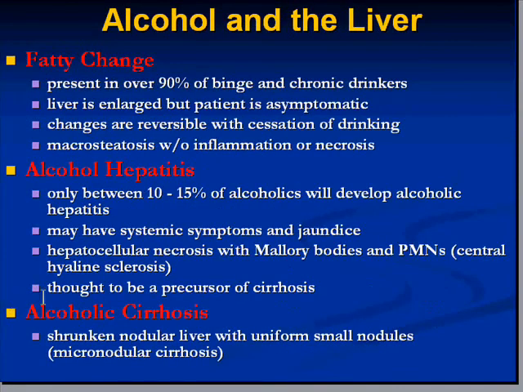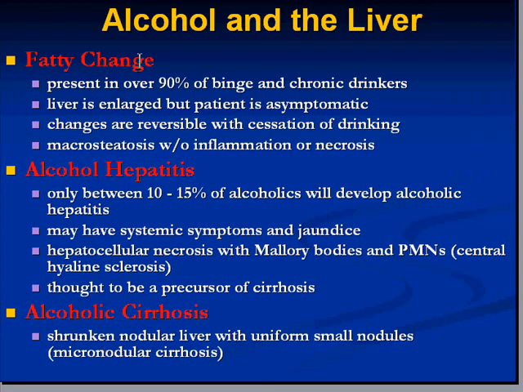Let's talk about some of the classically bad effects alcohol has on the body, especially the liver. Let's talk about a spectrum of changes going from increased fat in the liver, called fatty change, or fatty metamorphosis, or steatosis, or hepatic steatosis. It goes by a wide variety of names, all the way progressing to alcoholic cirrhosis.